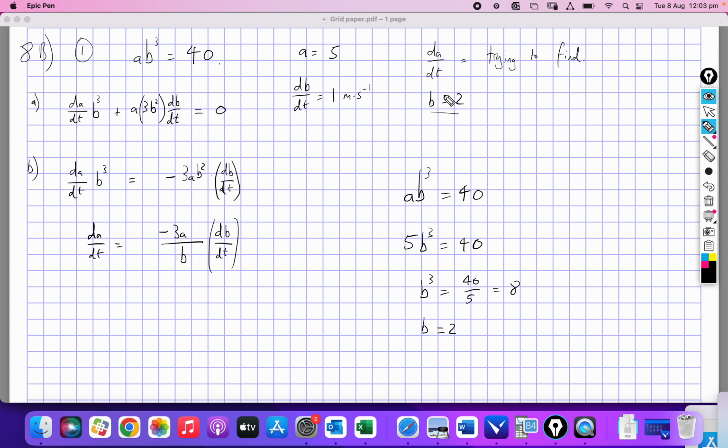But don't put in the, I mean, it's sort of obvious, isn't it? To come up with these equations, you can't be putting in the values at this particular instant. 5 times 2 cubed equals 40 too early on, and then trying to differentiate this with respect to time.